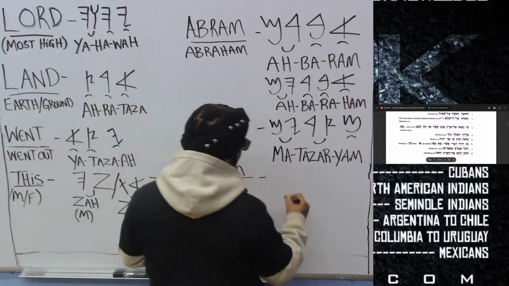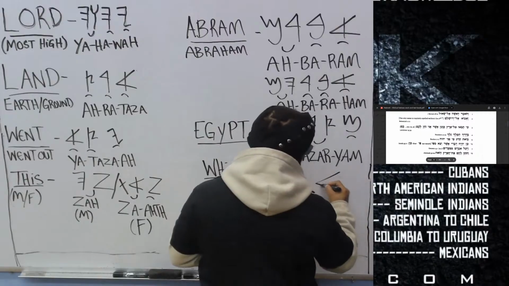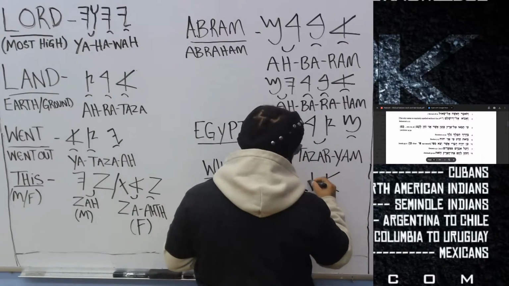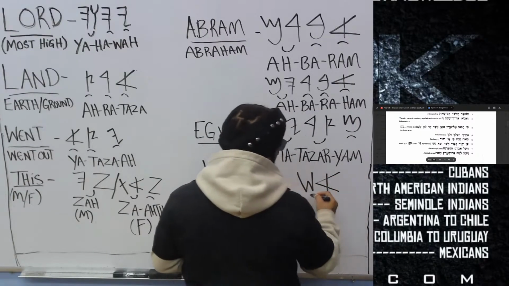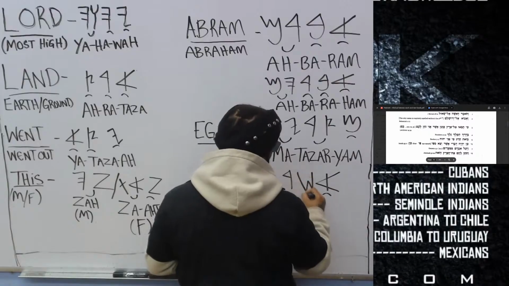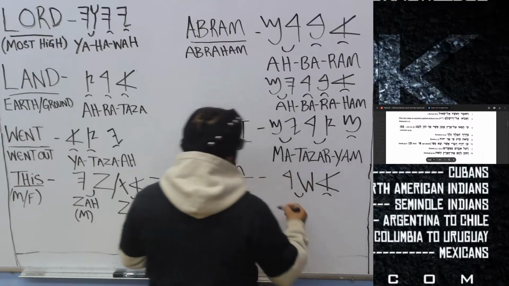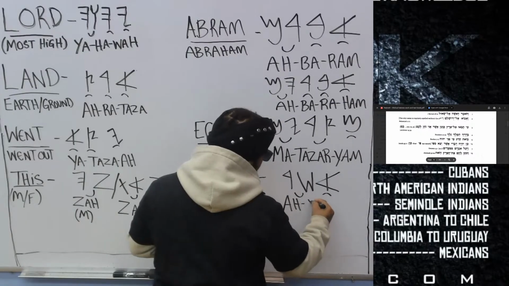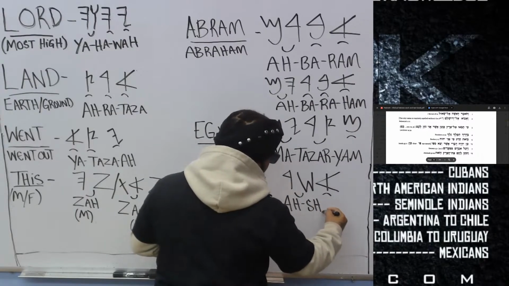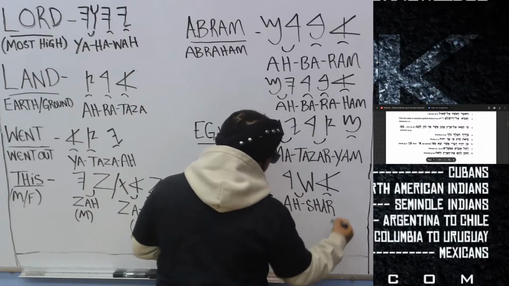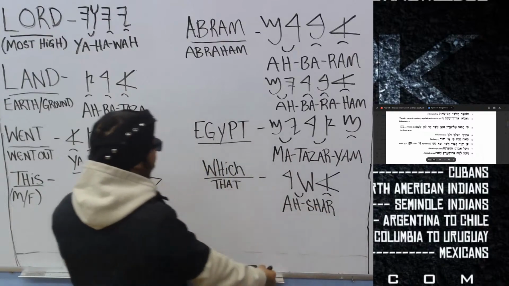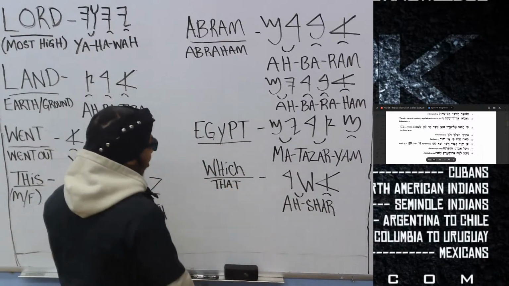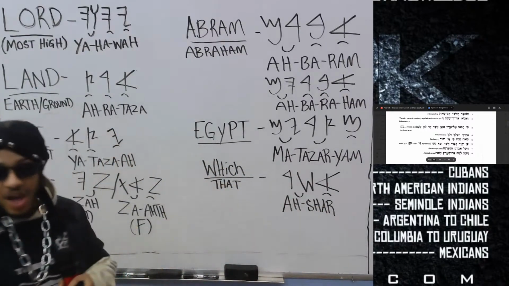And this word is ashar. The character ah, character shah, and the character ra are connected. Ashar is used to say which, like which one, and that, like that one.